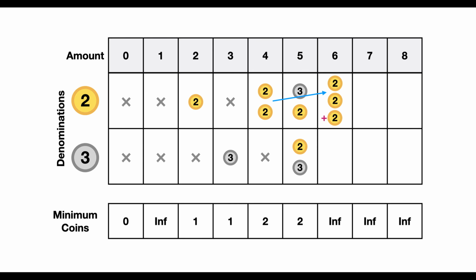Now we reach the 6th subproblem. You take 6 minus 2, which gets us to 4. Here we had 2 coins, so we add 1 additional coin, which we said is the 2 denomination. So the 2 coins, 2 plus 1 additional 2, is 3 coins. Then for 3, we take 6 minus 3, which gets us back to the 3 subproblem.